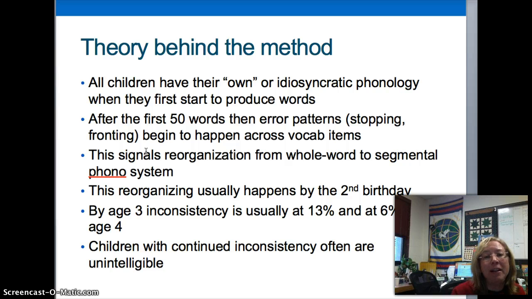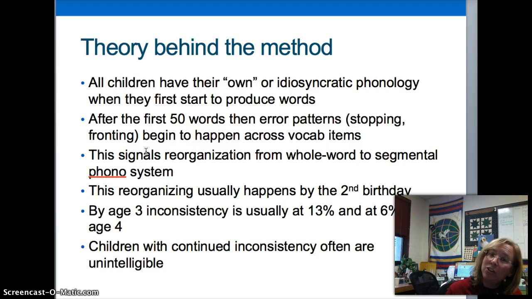So the theory behind this method is we know that all children are going to have their own little idiosyncratic phonology when they first start to produce words, especially for those first 50 words. Kids will have their own way of saying bottle, baba, Maya for mama, or blanky bei. They have their own production of their first 50 words.